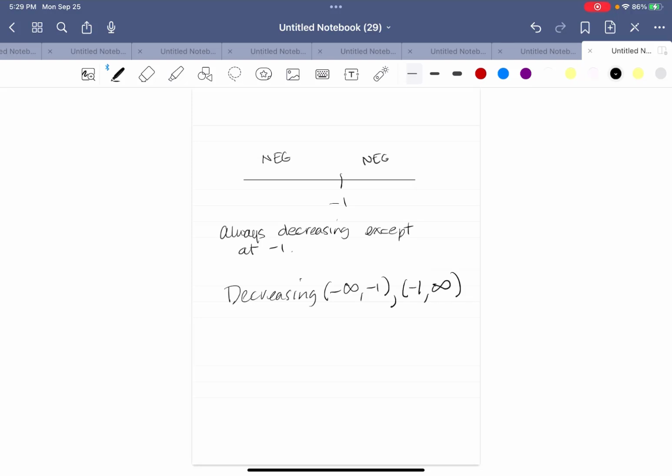We must skip over the negative 1 because it's not in the domain of f of x. So it can never be included in any description of increasing or decreasing.